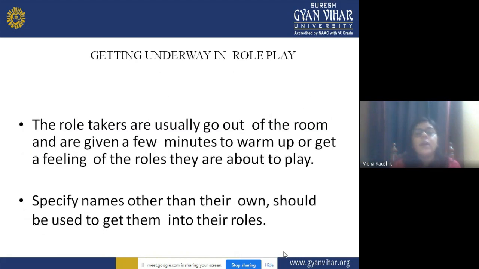Now, getting underway in role play: the role takers usually go out of the room and are given a few minutes to warm up or get a feeling of the roles they are about to play. Getting underway means they have to involve themselves in the characteristics they are going to play.